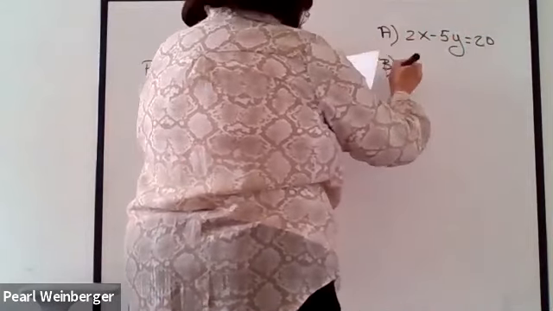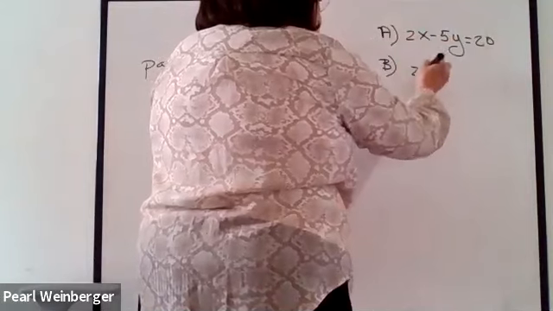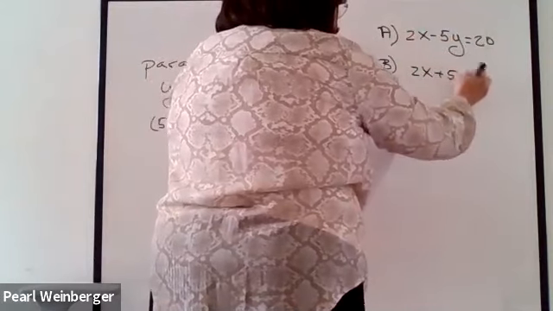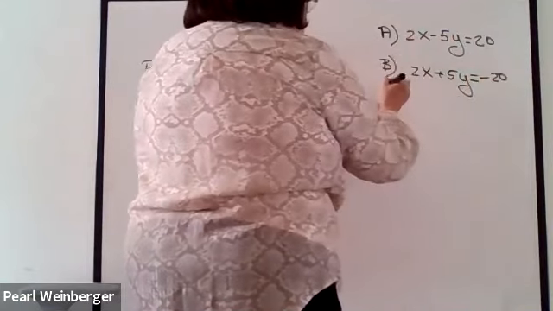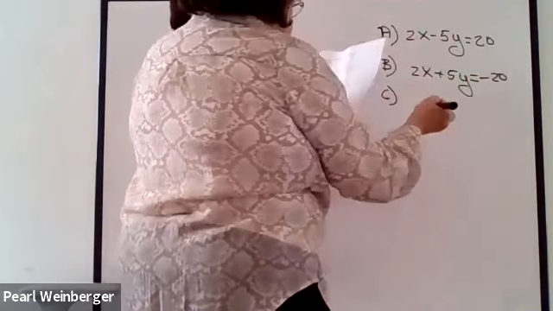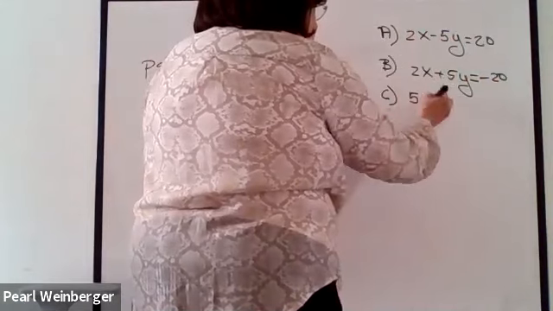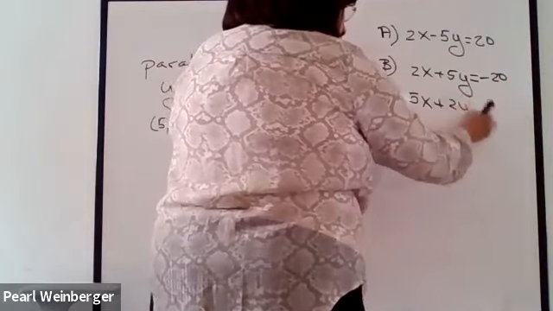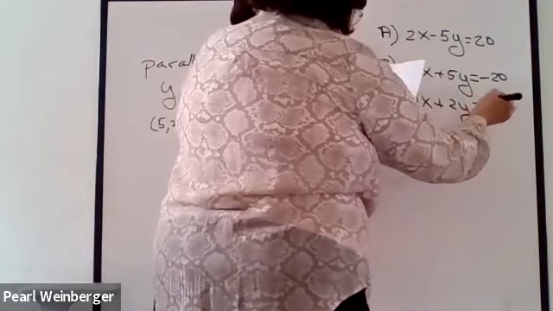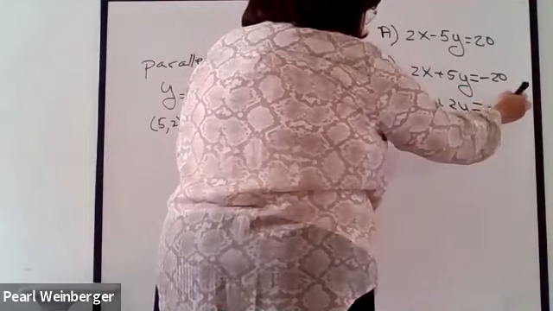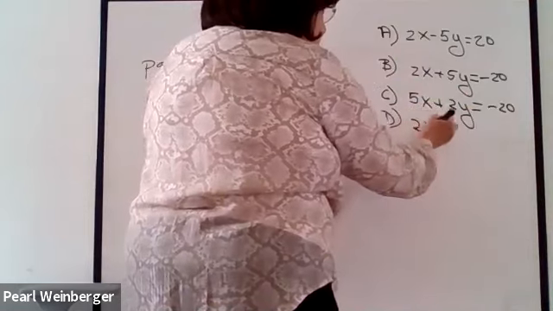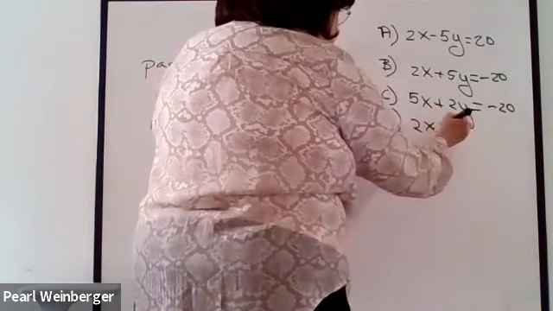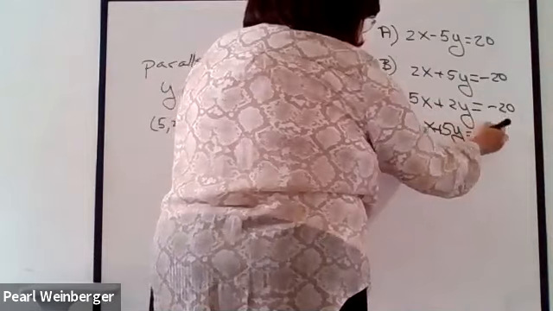Choice B is 2x plus 5y equals -20. C is 5x plus 2y equals -20. And D is 2x plus 5y equals 20.